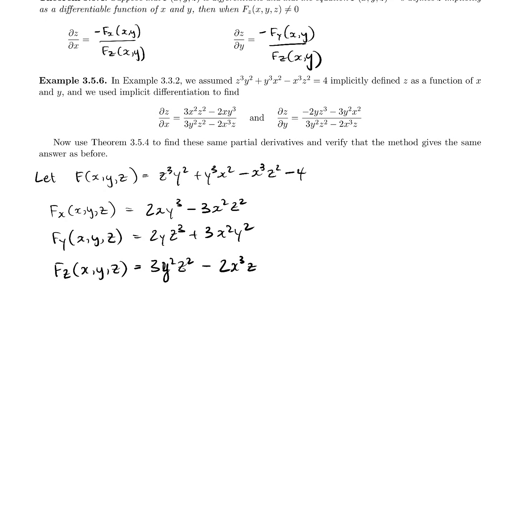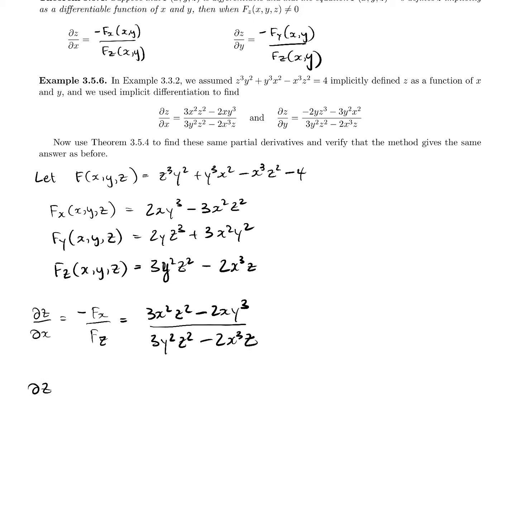By theorem 3.5.4, del z del x is going to be minus f sub x over f sub z, which means I'm going to take the negative of this expression and put that in the numerator. So I'm going to get 3x squared z squared minus 2x y cubed over f sub z, so 3y squared z squared minus 2x cubed z.